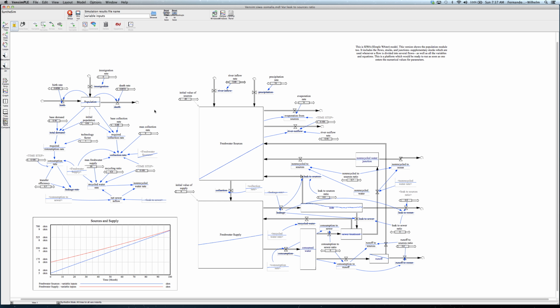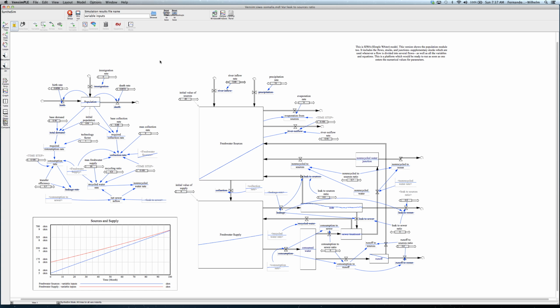Okay, then you can look at all the parameters that you can tweak, and it's fairly substantial. So one of the nice things of doing a model like this is that you can actually explore sensitivity to any of these parameters. Initial population, immigration rate, birth rate, and all these, and you can actually see what's going to be the impact on the supply.